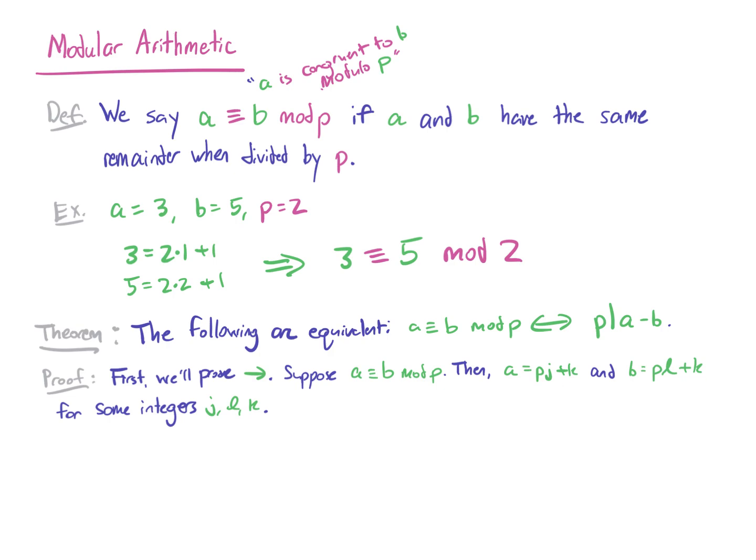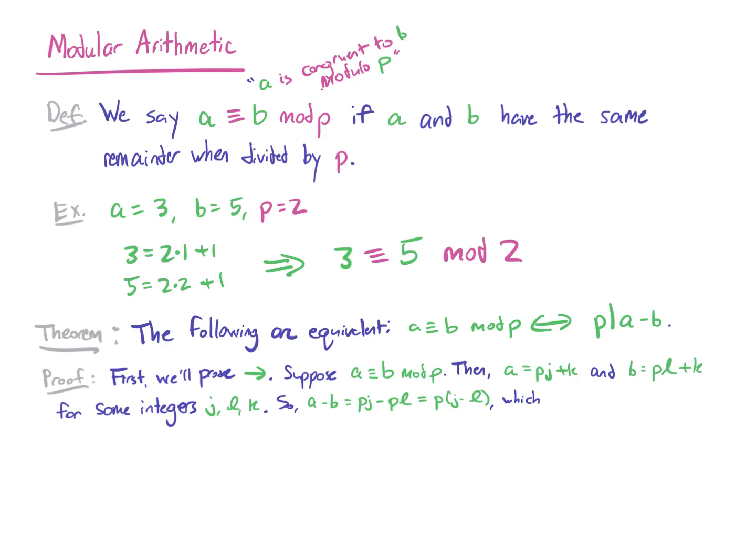So let's now look at the difference. A minus B is equal to Pj minus Pl, and the k's here are going to cancel out. I'm going to add a k and subtract a k, so I'm not even going to write it here. So I can also factor out the p here and write j minus l all multiplied by p. And this is clearly divisible by p because we can see the factor of p right here.